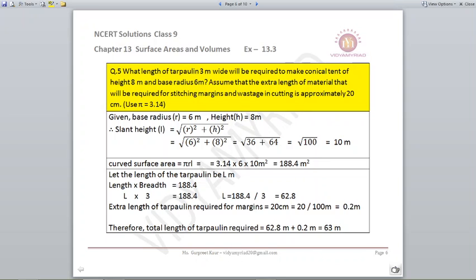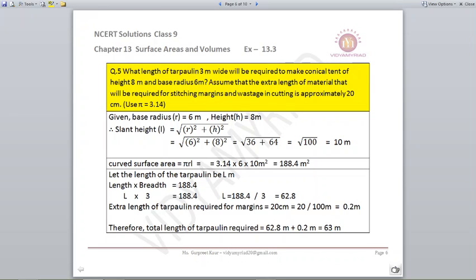Now very easily I can find out the CSA. CSA comes out to be pi RL, and pi they are already telling us 3.14. So 3.14 multiply by 6, which is the radius, and multiply by 10, which is the slant height. It comes to 188.4 meters square.